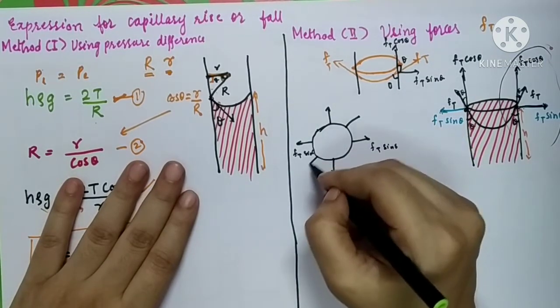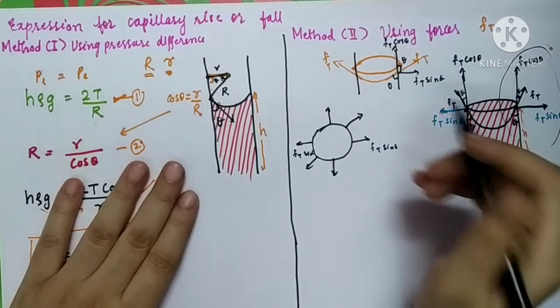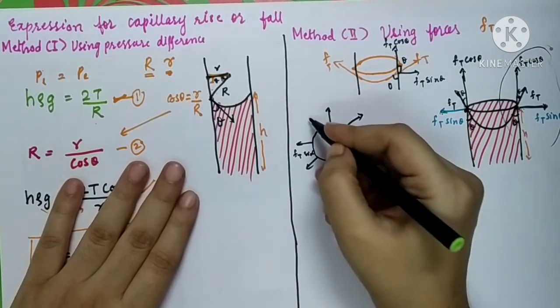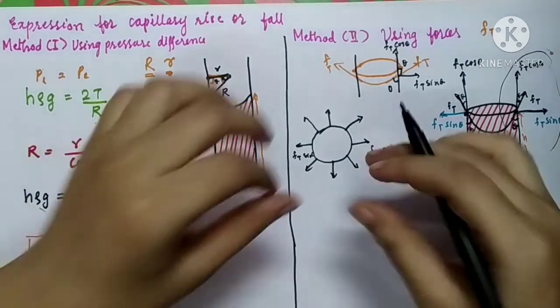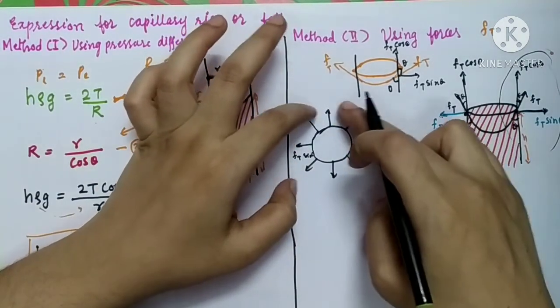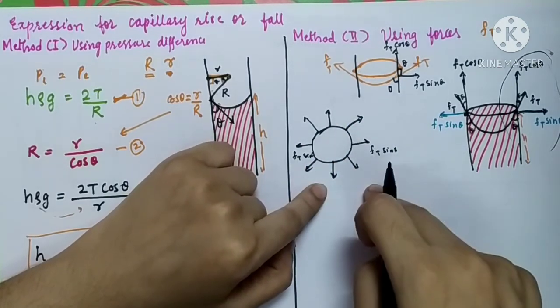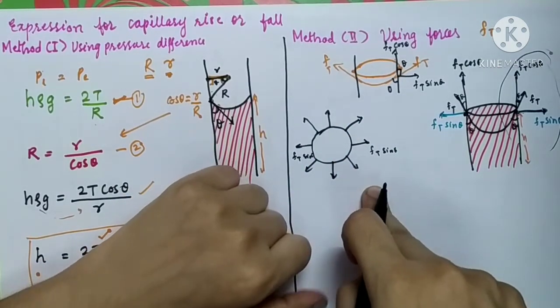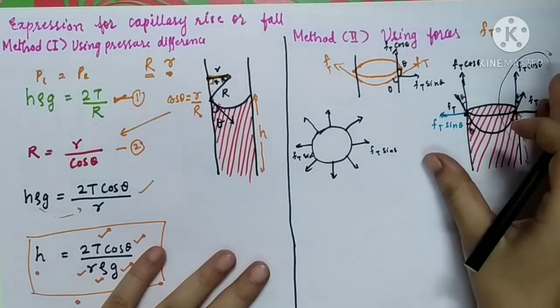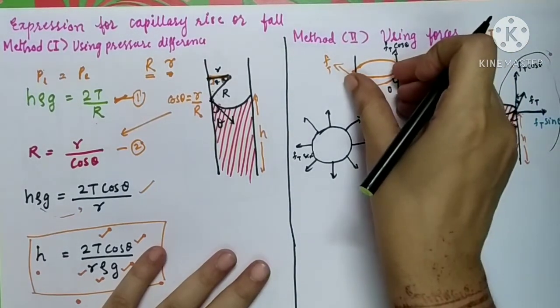Similarly, for these 2 points, here also and here also. So all the Ft sin theta components of the surface tension are going to cancel each other out. Only the Ft cos theta component will act on the liquid meniscus.